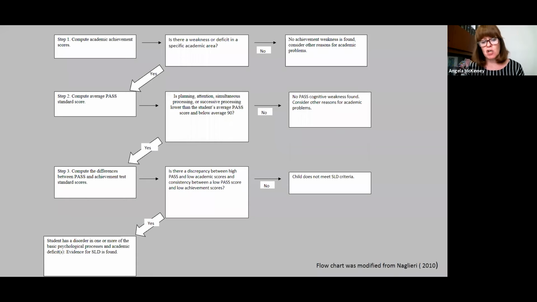It gives you lots of charts in the book too, as to different combinations that are typically found with students with specific learning disabilities in different areas. So I found the book to be really helpful in kind of guiding you to patterns that make sense, that you feel like you could write in your report that this is the pattern we saw and this is what it means, to make it meaningful.